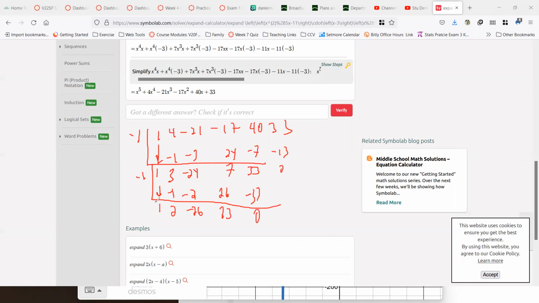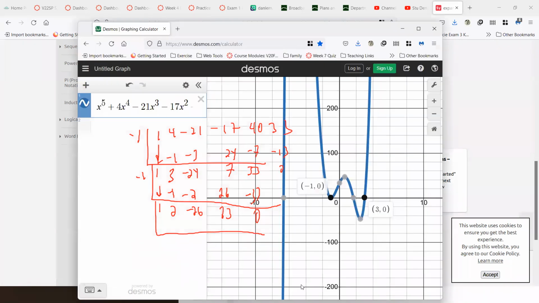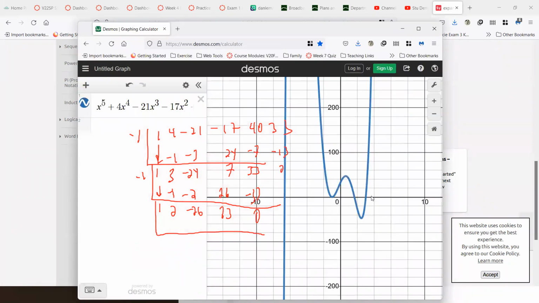And then that other zero was what? Let's go take a look at the graph. Here's Desmos. I see the other real zero is at 3. So x equals 3.